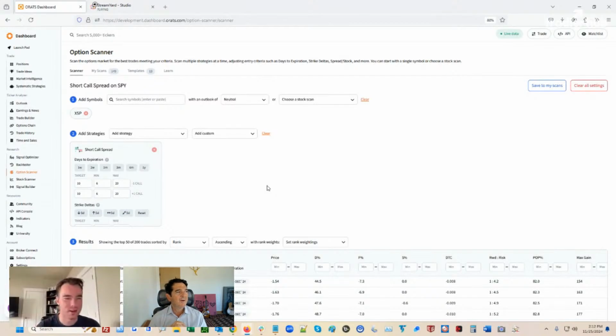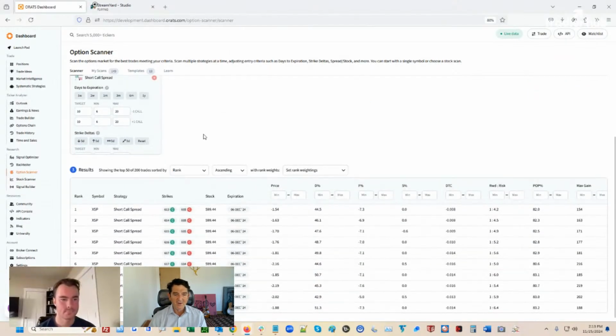Right? They're very similar, but SPY has more liquid options. And XSP is a lot more liquid now, but wasn't as liquid. So sometimes backtesting on the XSP isn't as dependable, even though it behaves almost exactly like the SPY.